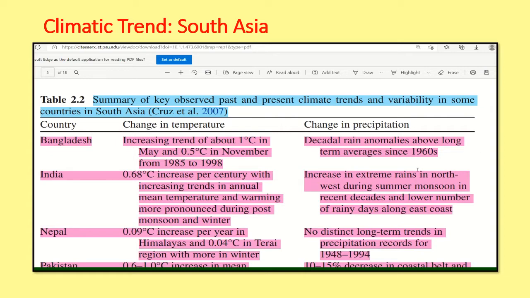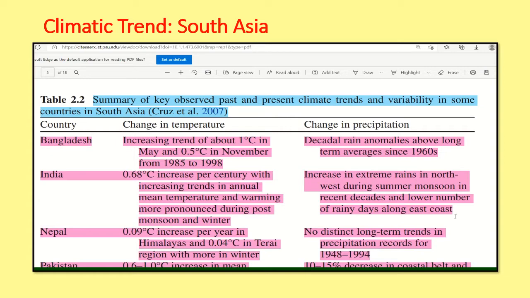In the case of precipitation, there are extreme rain events in the northwestern state during the summer monsoon in most recent decades, and a lowering of the number of rainy days along the east coast. It is a most common phenomenon. Moreover, Bangladesh and India are terribly and adversely affected by cyclones and super cyclones in each pre-monsoon and post-monsoon.